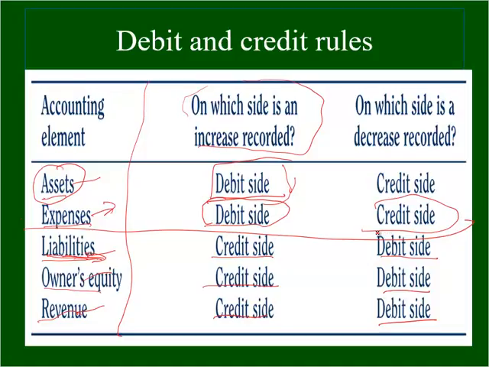For example, salary is under expense. Overdraft is under liability. Sales is under revenue. Commission is under revenue. Equipment is under asset.